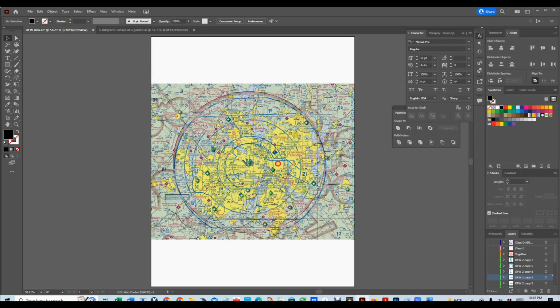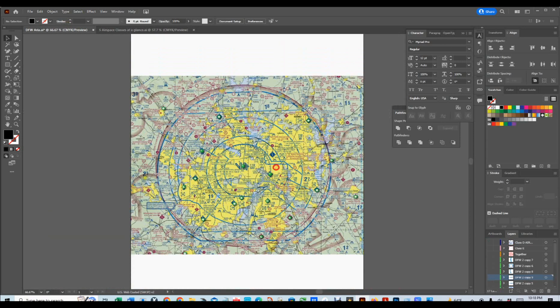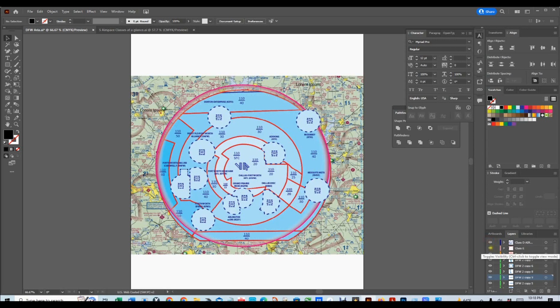All right, so I drew this entire airspace. Okay, so this is a Class B airspace. So there's some of them that are more congested than this one here. This is the Dallas Fort Worth area. So if you go in here, let me enlarge this area.